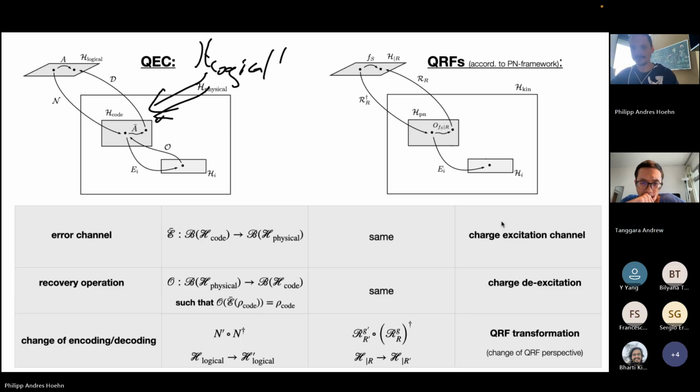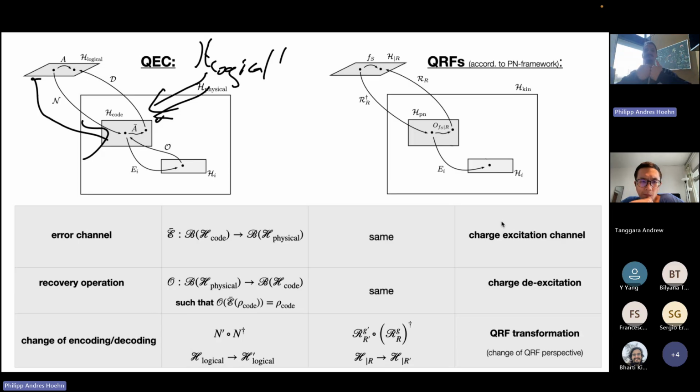Okay. So this is something that you don't usually consider in quantum error correction. I think usually you fix your logical space, but of course it's clear that once I encode it into a given space, I can find a decoding to a different space. That should be fairly clear, right? It has to do with the redundancy again.